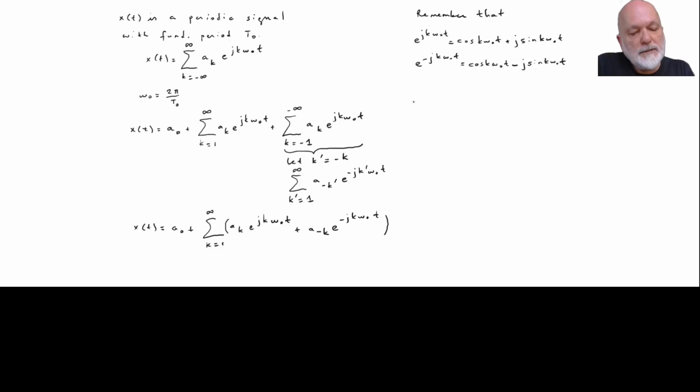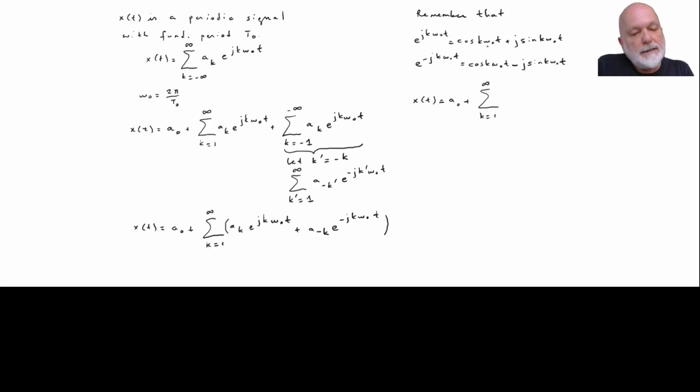So x of t can be written in the following form: a0 plus the sum over k from 1 to infinity.